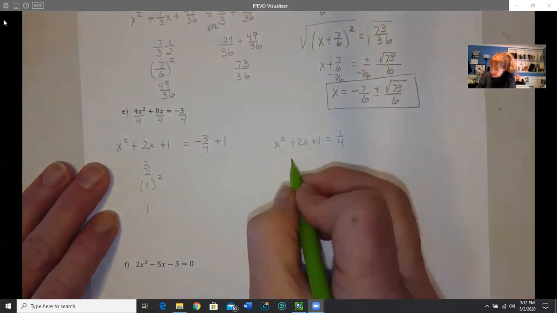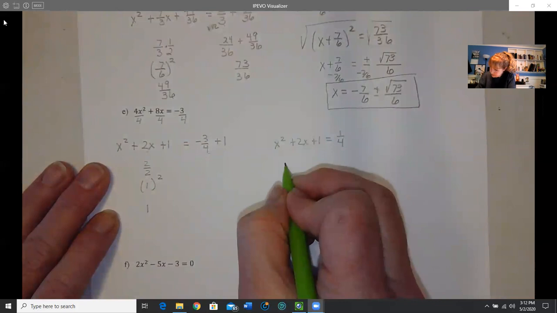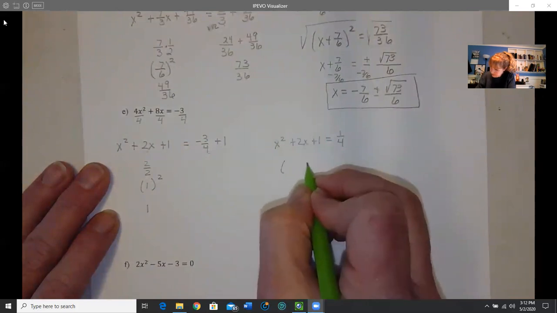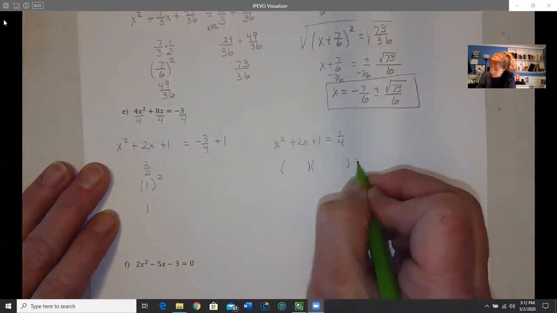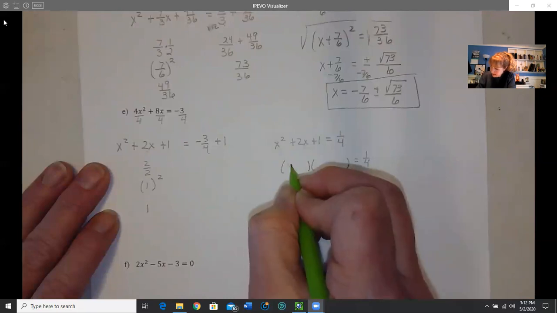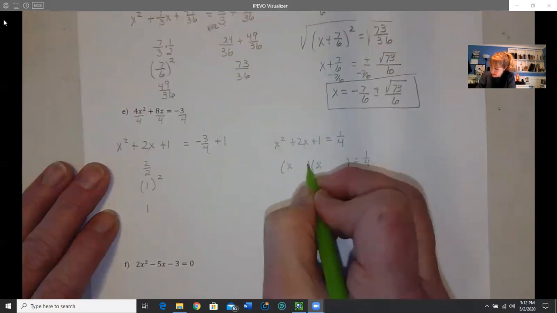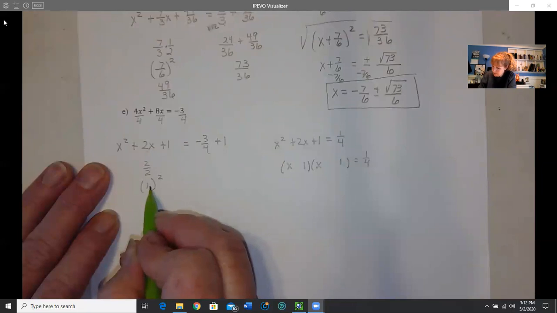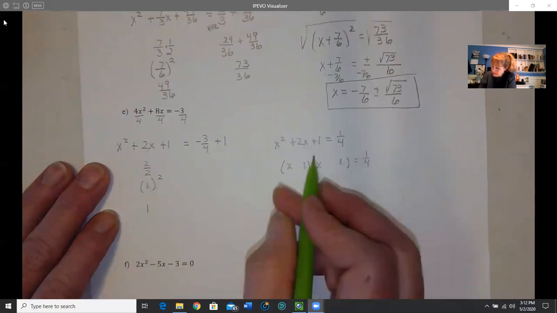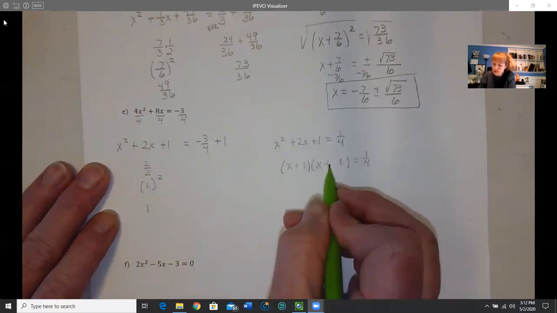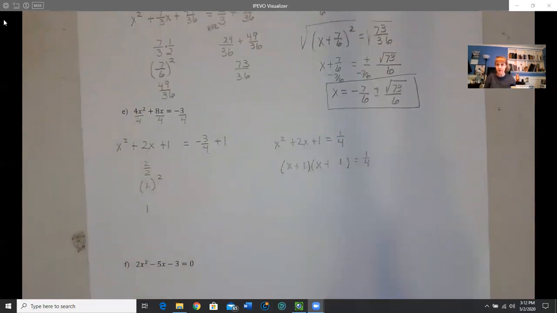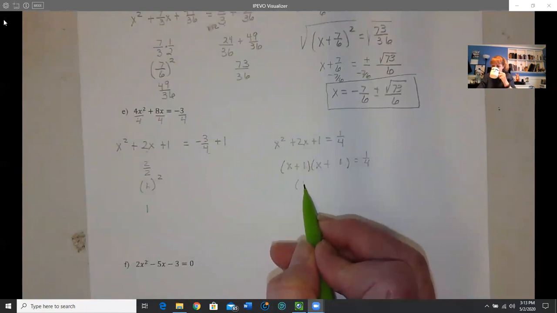All right, and then we will factor this. X times x, 1 times 1 is what you squared that goes in those spots, plus. And it doesn't hurt to check it. It'll work. There's a little delay there, but that's okay. So now we'll just rewrite this.